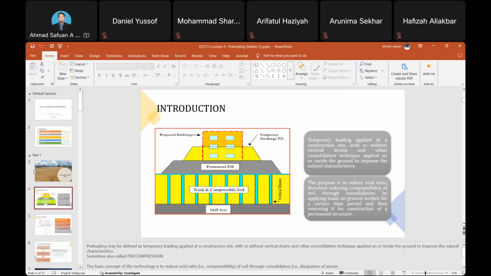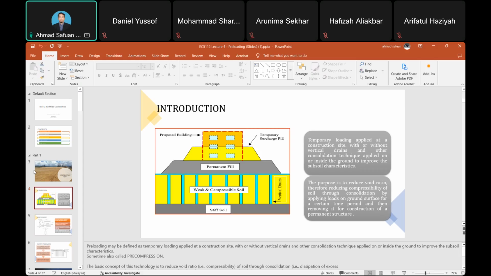Okay. So this is the concept of preloading. Temporary loading applied at the construction site with or without vertical drains and other consolidation techniques applied on or inside the ground to improve the subsoil characteristics.